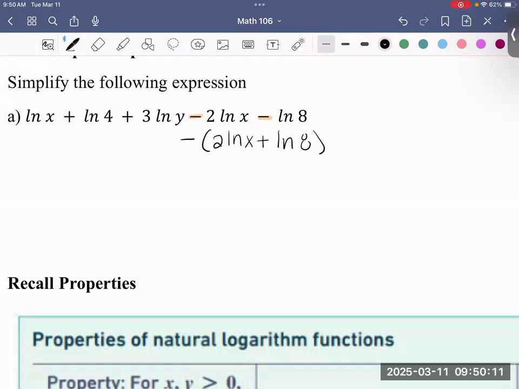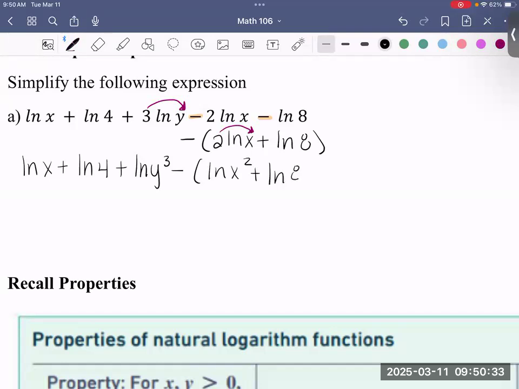So now that negative is on the outside, we can also recall what to do with numbers that are located right in front of your ln. We can put those up top. So we have ln of x plus ln of 4 plus ln of y cubed minus ln of x squared plus ln of 8.